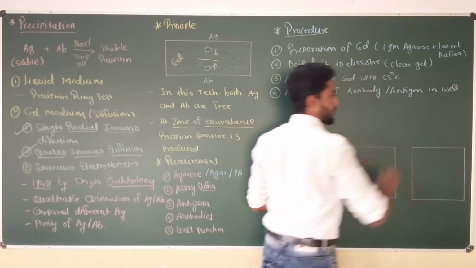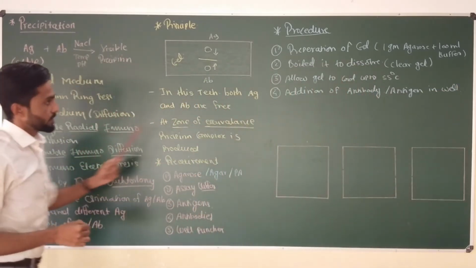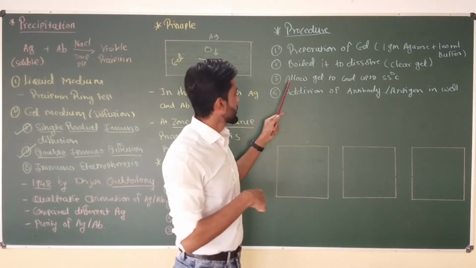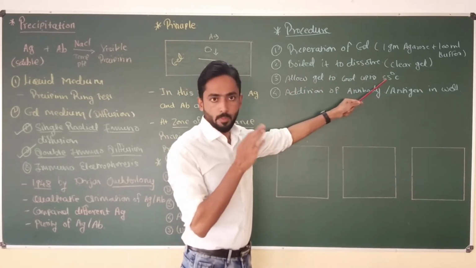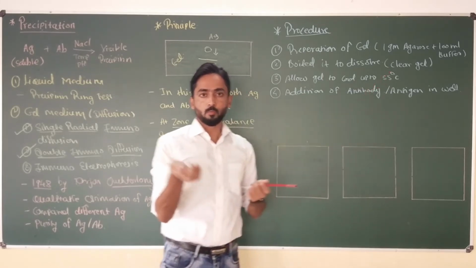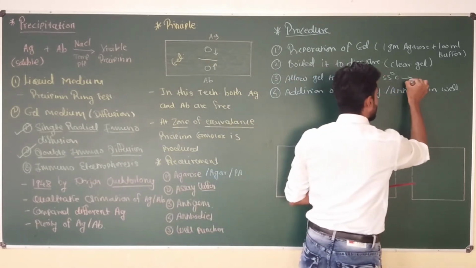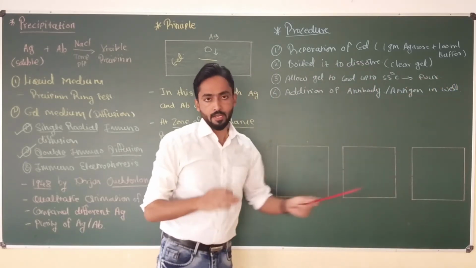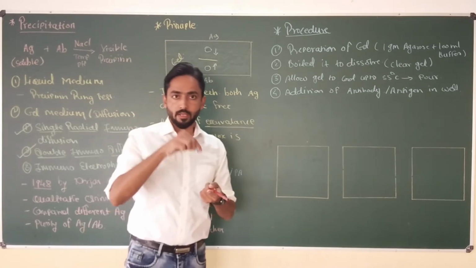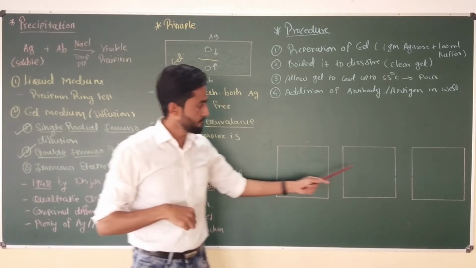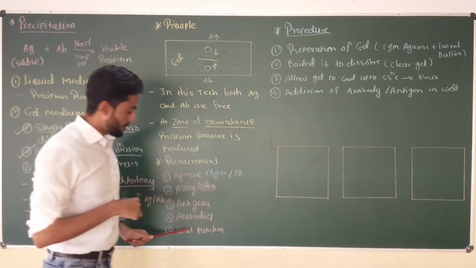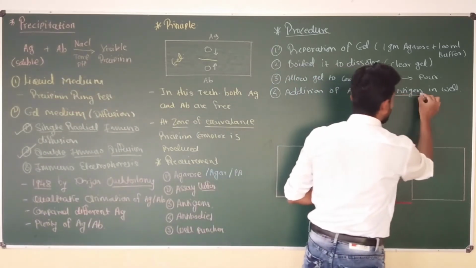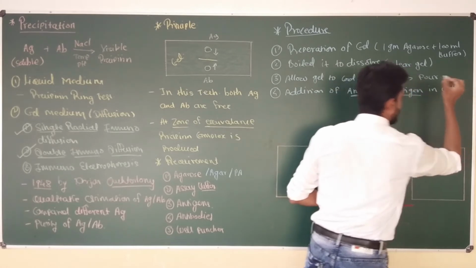We know that in single radial immunodiffusion we generally add antibody in the gel, but in this case, after cooling the gel to 55 degrees Celsius, we pour the gel onto the glass plate. After pouring the gel, we make wells in the gel with the help of a well puncture, and finally we add antibody and antigen in different wells in this gel.